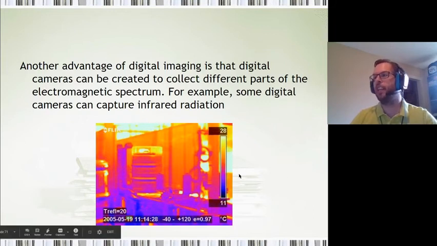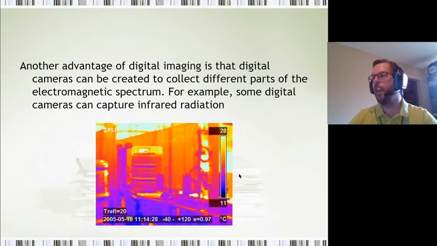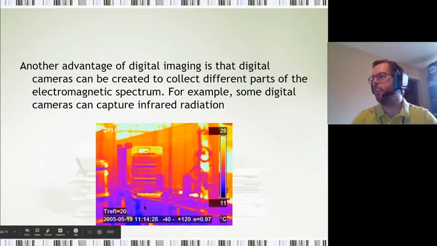A thermogram is looking at the infrared part of the spectrum. Basically, all objects emit infrared, but the intensity of the infrared is a good indicator of how much heat is being transferred from that object. So in this image that you're seeing, you can see that this counter is relatively cool. It's kind of got blues and purples.